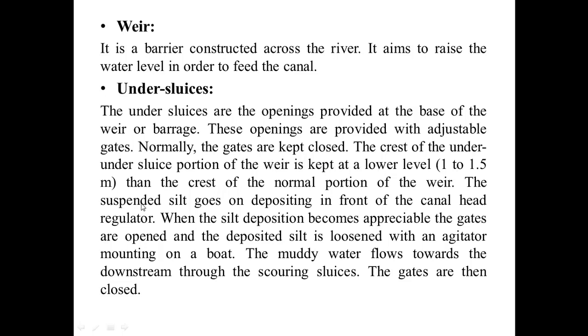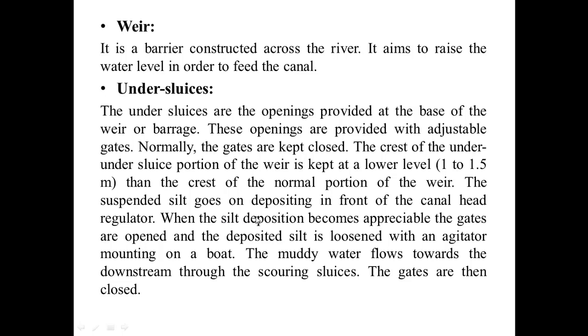The suspended silt goes on depositing in front of the canal head regulator. As we all know, when water flows in a river, it has some silt or other materials. This silt keeps depositing in front of the canal head regulator.